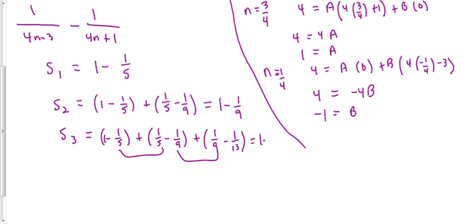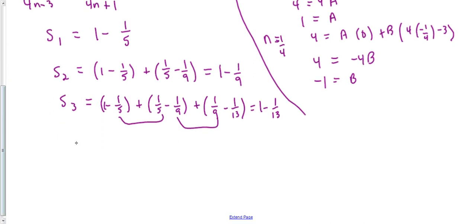This is going to give us 1 minus 1/13. I think we can see a pattern evolving, so a general expression for the nth order partial sum, Sn, is going to be 1 minus 1 over (4n plus 1).